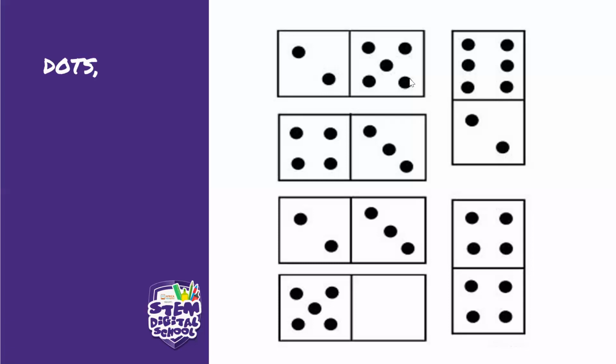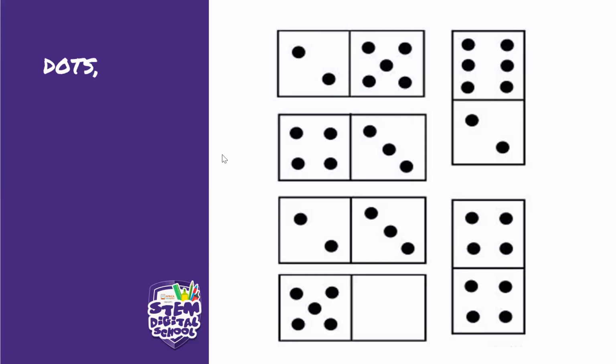Yes, so which square has more, the first or the second? The second. Yes, and which one has less? The first square, because it has 2 and the second one has 5.